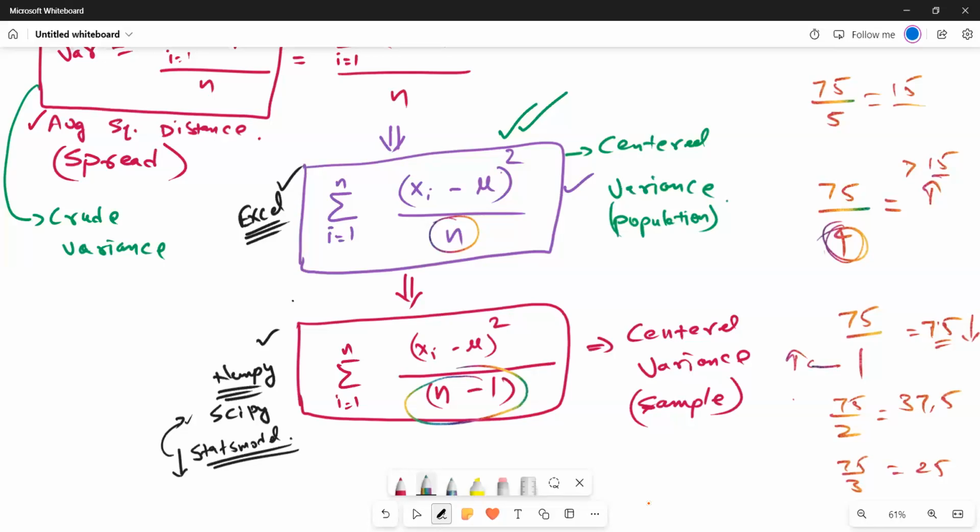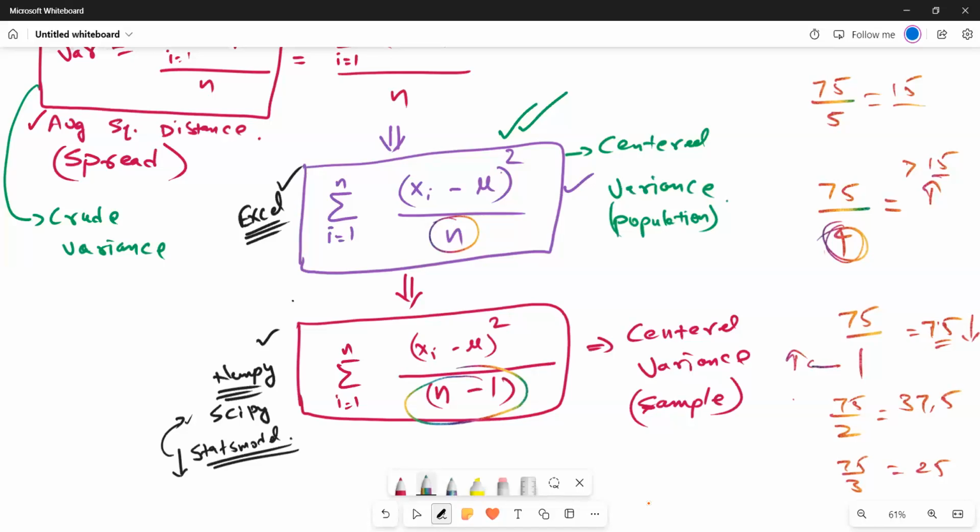So these two formulas are going to give you different values. If I ask you on Excel to calculate variance, you can directly use it, although in Excel you have different formulas for sample and population.